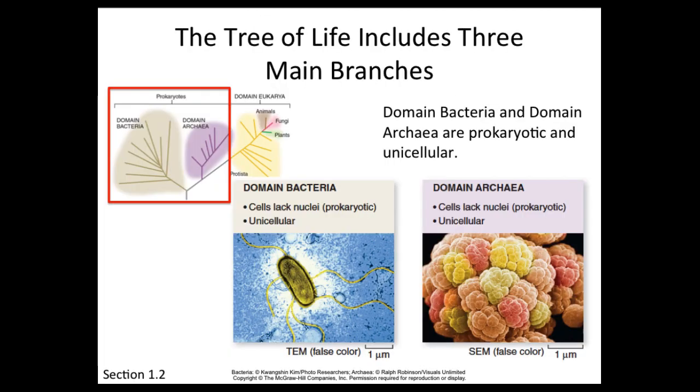All right, so now we can get back into the groups that make up the domains. So first, the prokaryotes is domain bacteria plus domain archaea. And both of these are prokaryotic cells that are all unicellular, meaning they're just made up of one single cell.